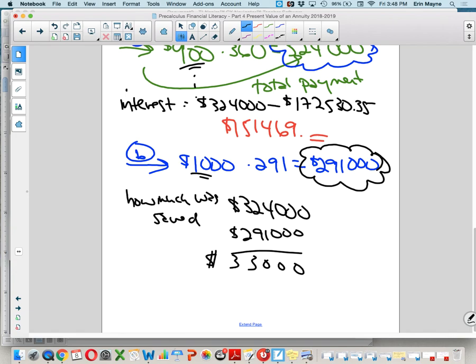Now that's over the long haul. That is over 30 years worth of time, obviously. And so we'll talk more in the next couple days about the significance of that in terms of making decisions for ourselves. But for now, that's the information you need to know to proceed with worksheet number 6 and how to use the present value formula when we're talking about annuities that are paying back loans.